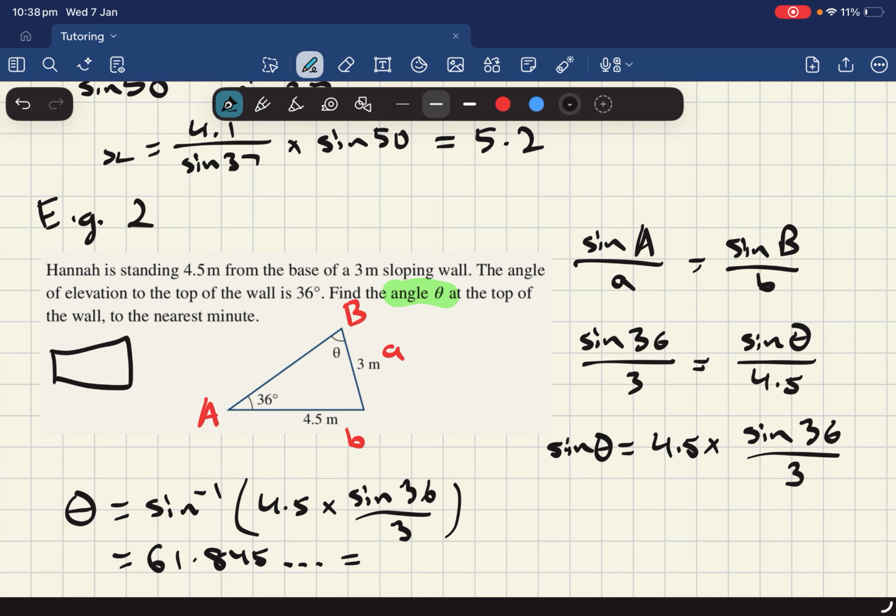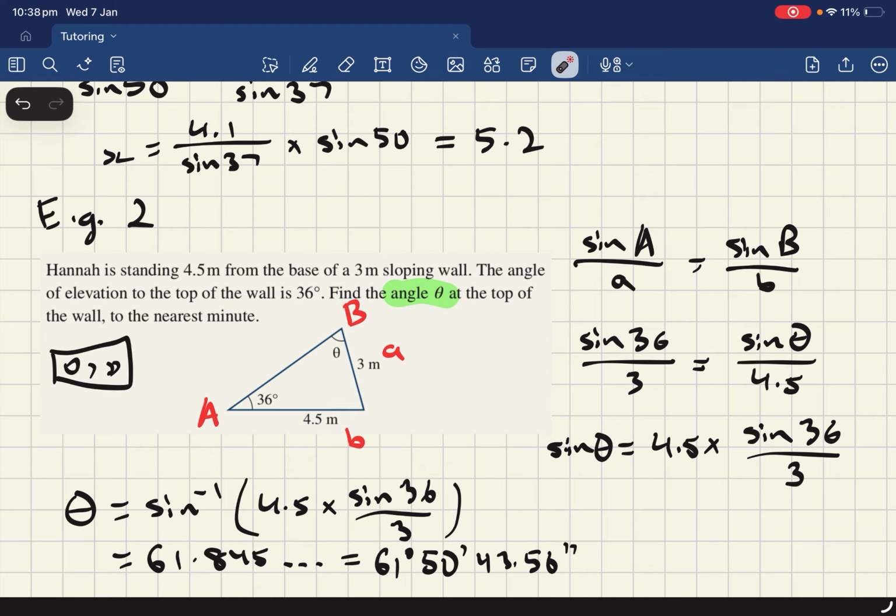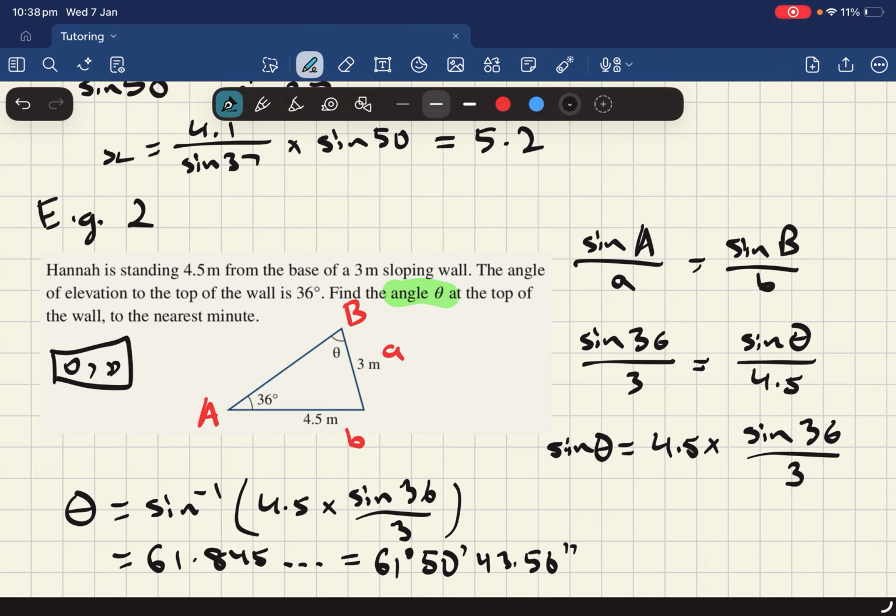We use this button on our calculator. So once you get your answer, you just press that button. This will give you 61 degrees, 50 minutes, 43.56 seconds. Now this number here is 30 or more, so that means we have to round up. So that gives me 61 degrees and 51 minutes.